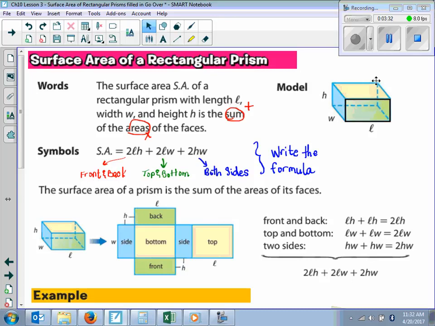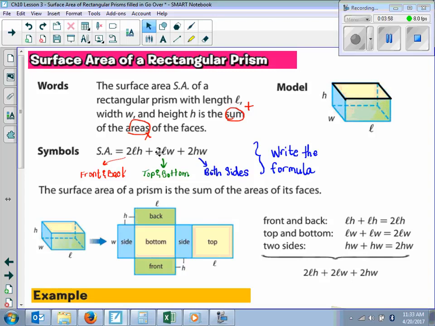Okay? Then we also have this next part, 2 times the length times the width. So here's length, and here's width. That's the top and the bottom. Is everybody with me on that? And since there's 2 of them, I just need to find the area of 1 and multiply it times 2.